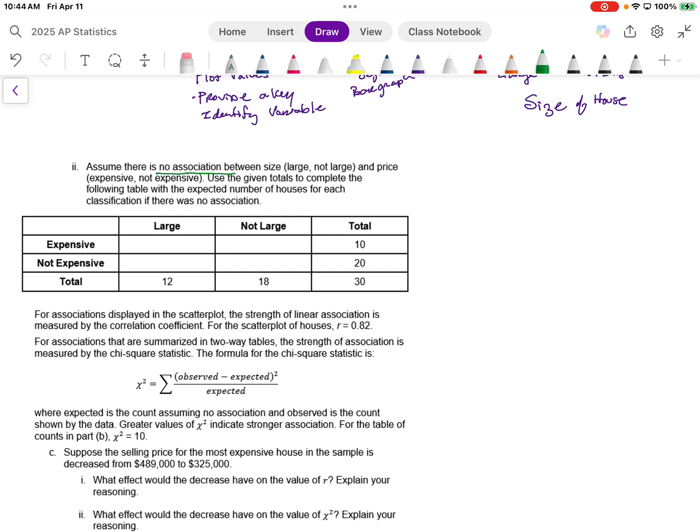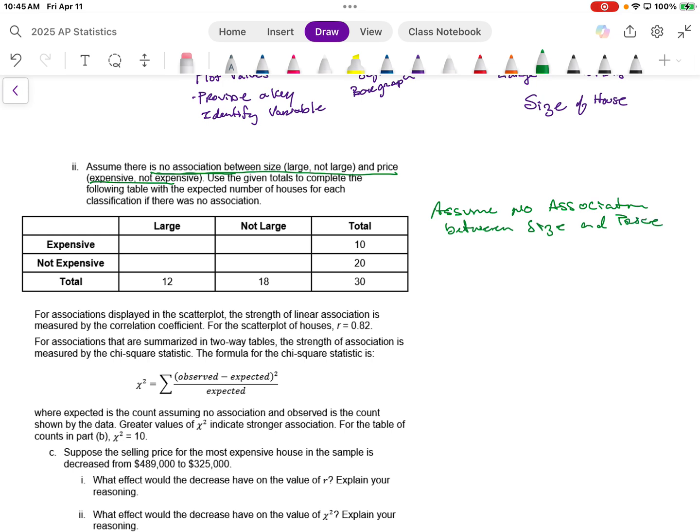So if we assume no association between size and price.